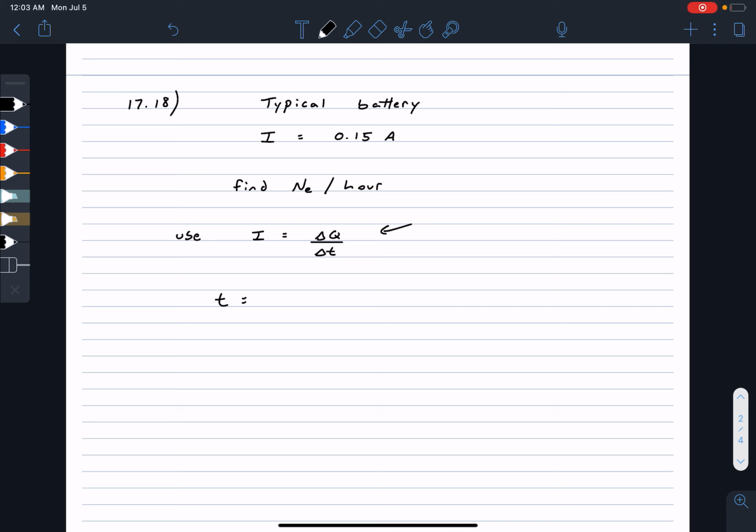So we need 60 seconds times 60 minutes, that's equal to 3,600 seconds per hour. Anyway, that's what we're going to write down. Let's get that out of the way. So t is equal to 3,600 seconds per hour.